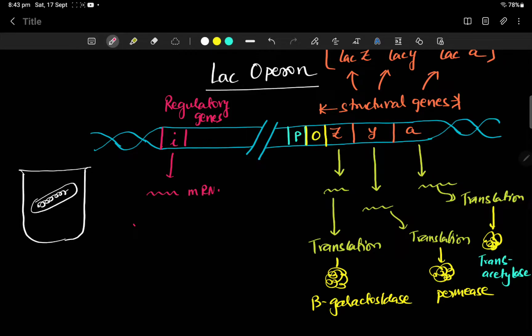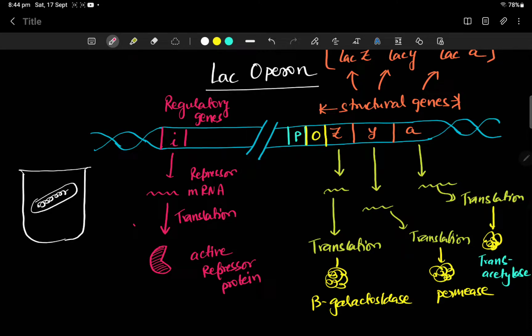This repressor mRNA goes for translation, and this is going to produce an active repressor protein.